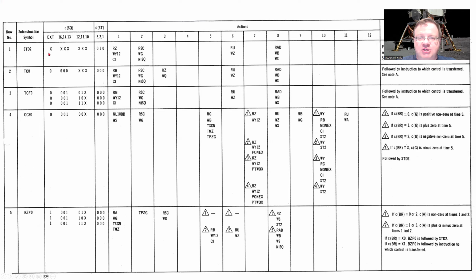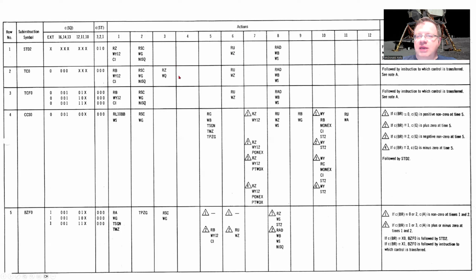You can see these are all X's. So it means that every single instruction within the Apollo guidance computer at stage 2 will automatically have this STD2 sub-instruction. And that's where it's going to increment our program counter and load the next instruction from memory, so that it advances to the next instruction as the computer operates.